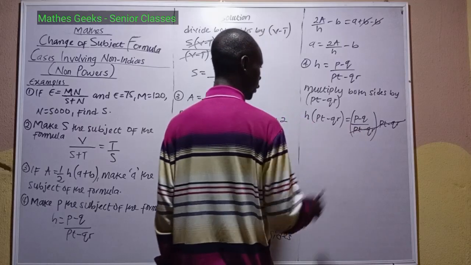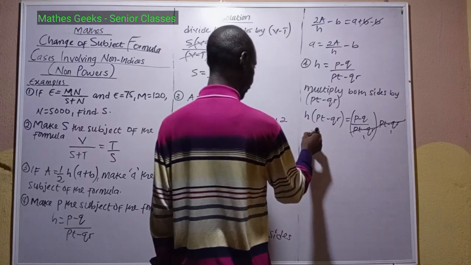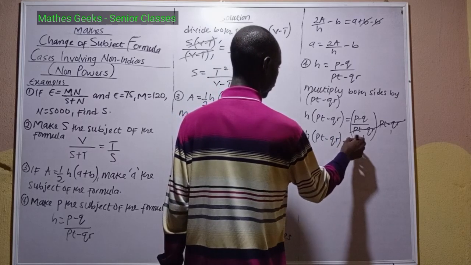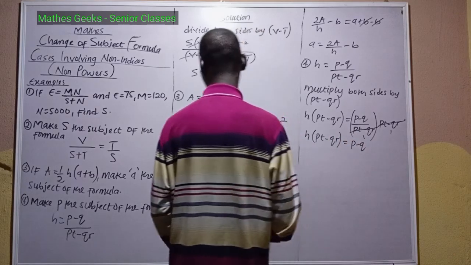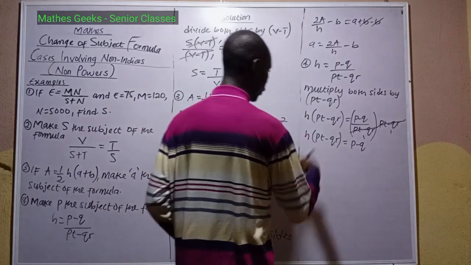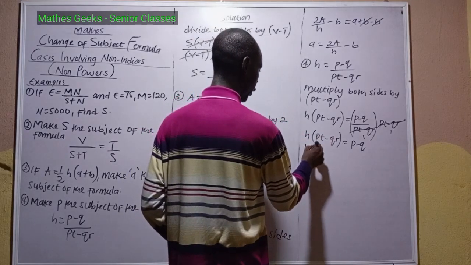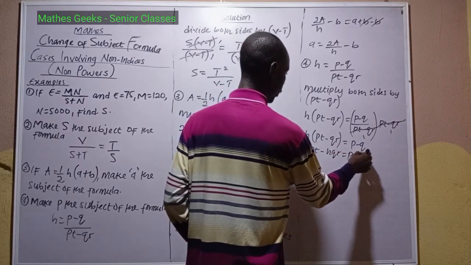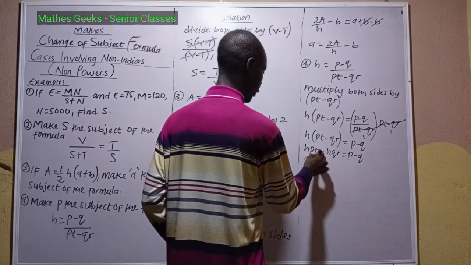So H times PT minus QR equals P minus Q. And we have to make P the subject of the formula. So we expand H times PT minus H times QR equals P minus Q. Collect terms in P.